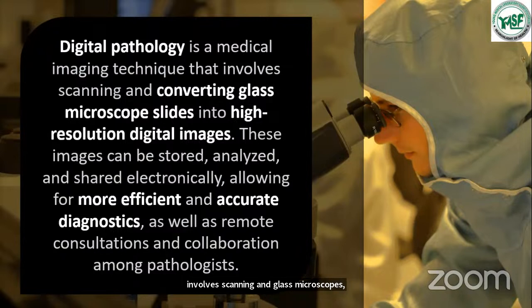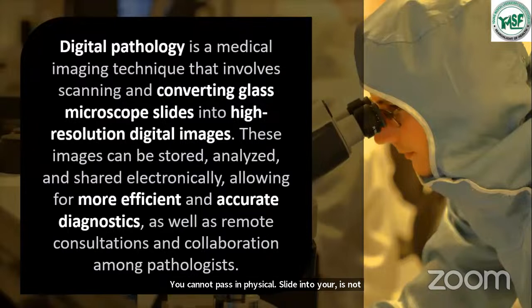So you've made your tissue slide, right, and you want to make a digital copy of that because that is what your AI model will work on. You cannot pass a physical slide into your AI. It's not even possible, right? So you have to convert it to a format that can be taken up by AI.